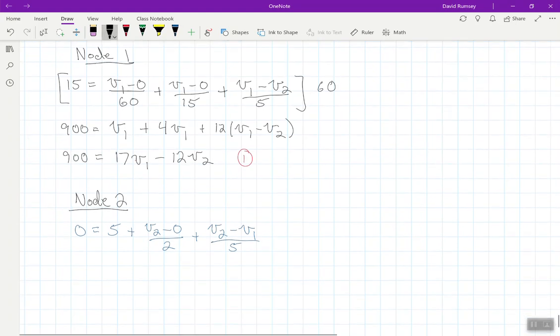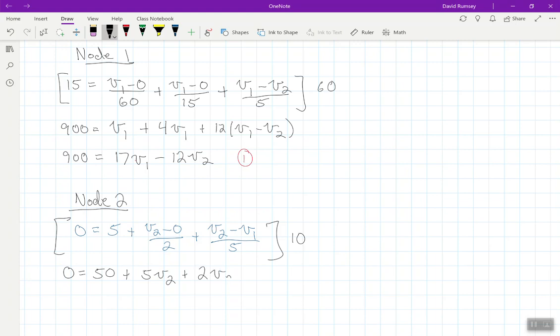So just like before, let's clean this equation up. But right now we should see this equation also has two unknowns, but it's got the same two unknowns as my first equation. So if I clean this equation up, I'll just have a system of two equations and two unknowns. So if I multiply this by 10, of course 10 times 0 is still 0, so I get 0 is equal to 50 plus 5v2 plus 2v2 minus 2v1.